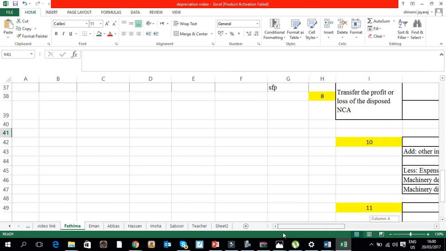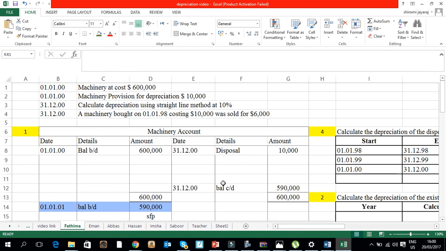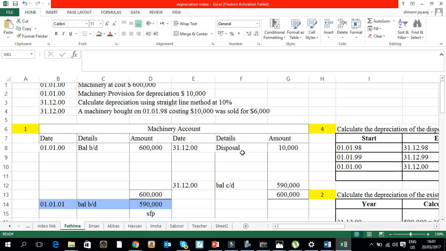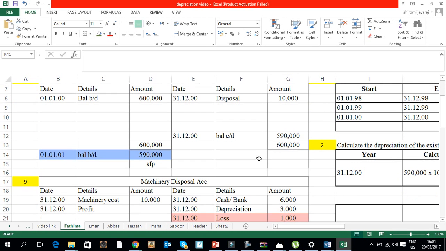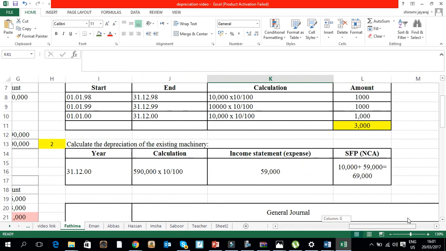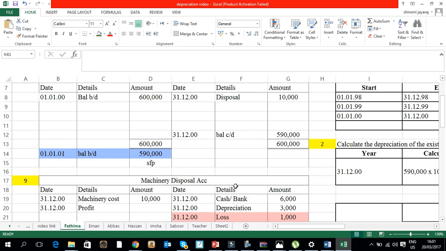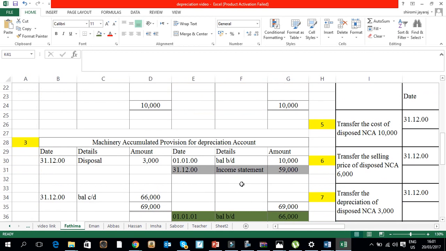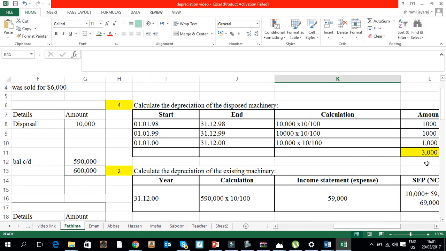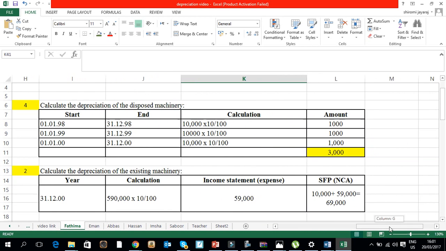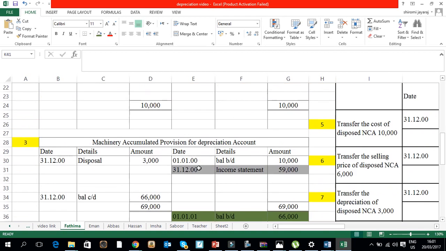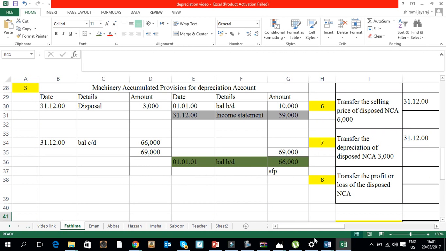Now we have completed the overall disposal of a non-current asset using straight line method. So you can observe, first we prepared the machinery account, then we calculated the depreciation for the existing machinery. Followed by that, we went to the machinery depreciation account, wrote down the opening balance, wrote the calculated amount of depreciation. Then we adjusted for disposal depreciation, and then we found it is 3,000. Followed by that, the machinery accumulated provision for depreciation account was balanced.